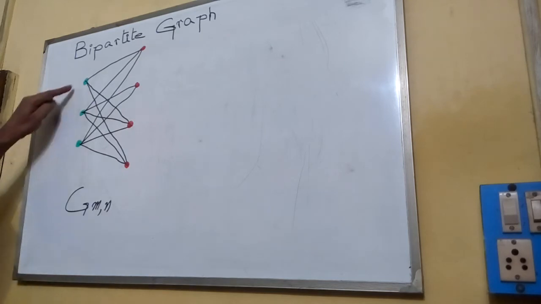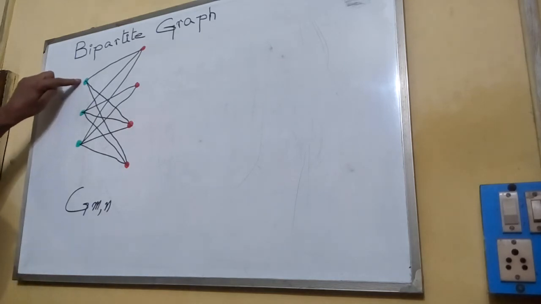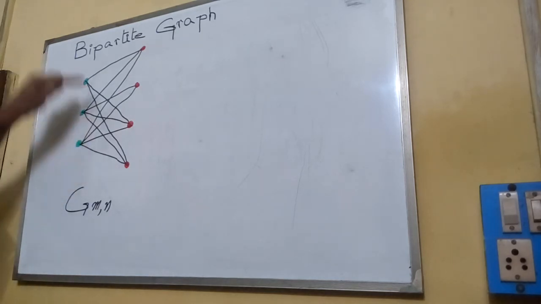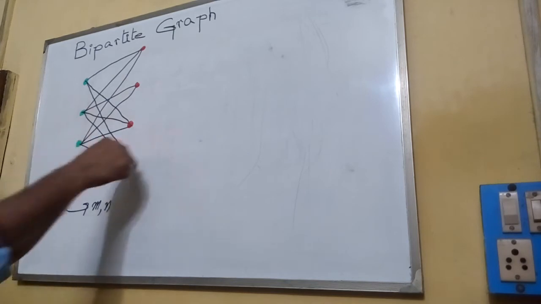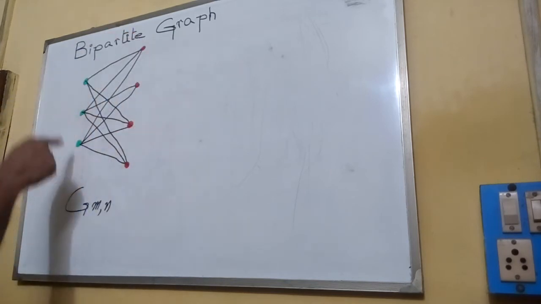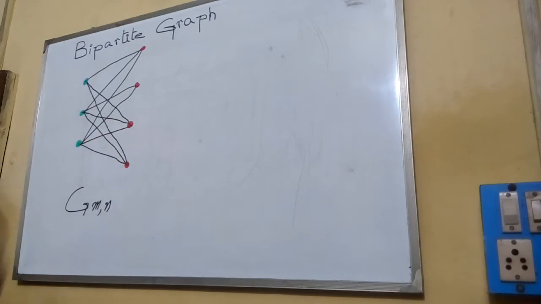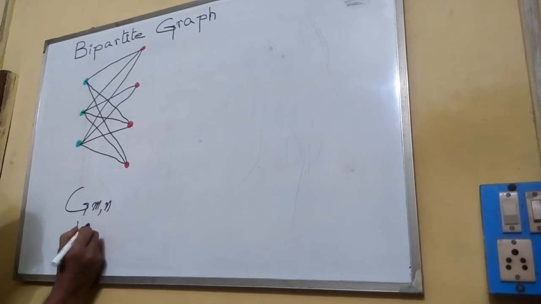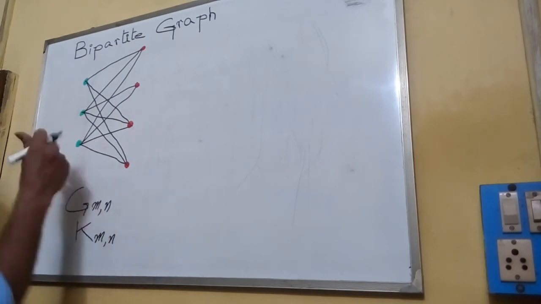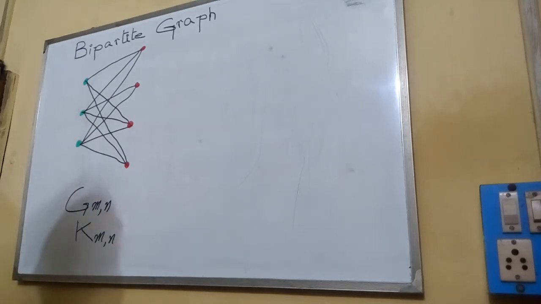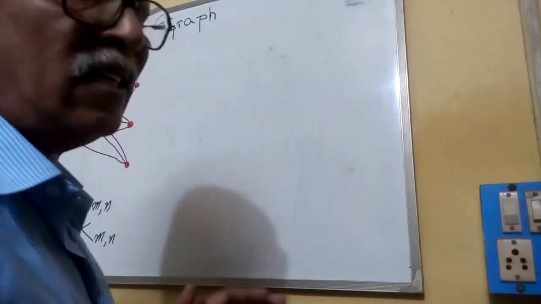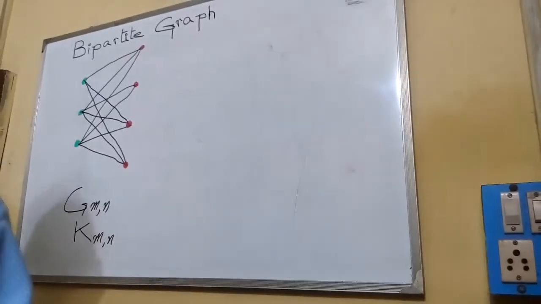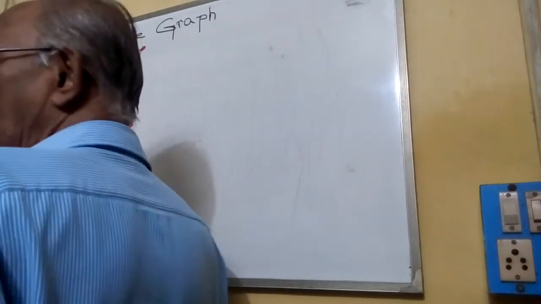Now we can see from this vertex, all the edges are there to all these vertices. From this vertex also, you can check on this side also. So this is called a complete bipartite graph, and it is denoted by K_{m,n}. m and n are the number of vertices in one side and the other side. This is called a complete bipartite graph.